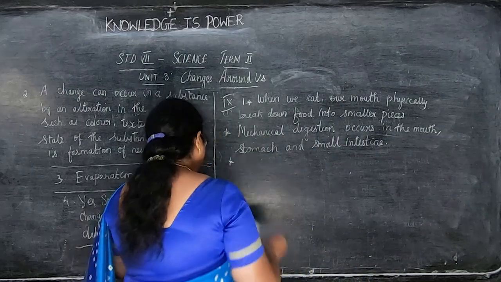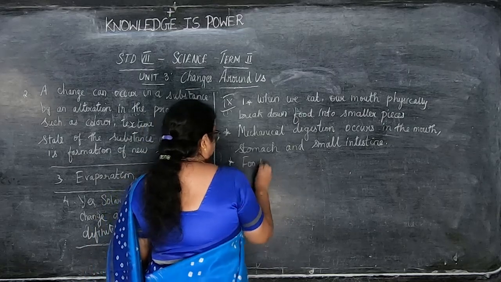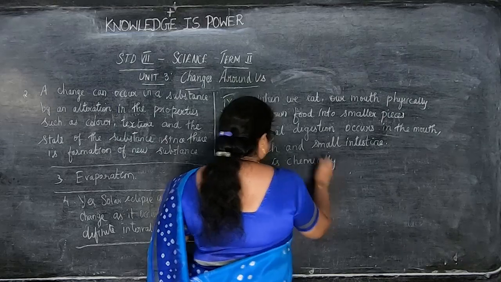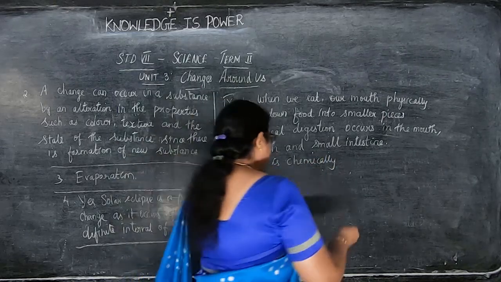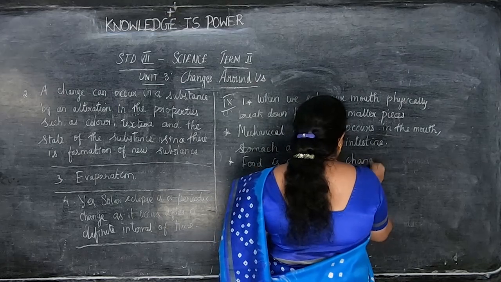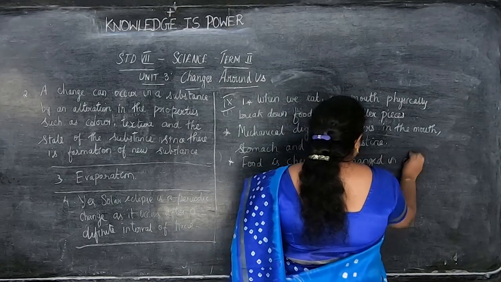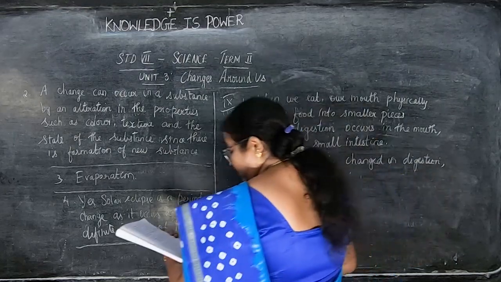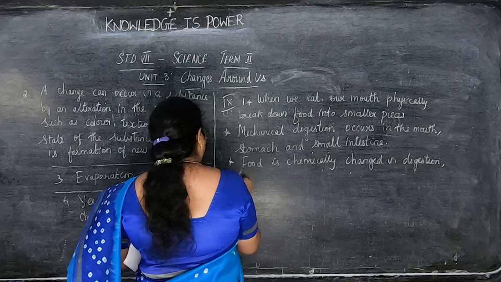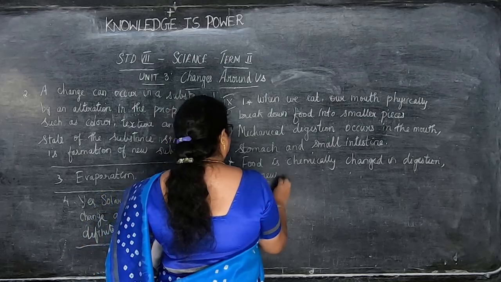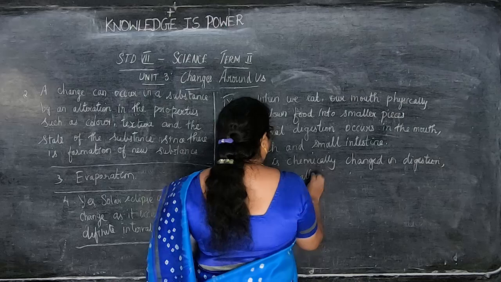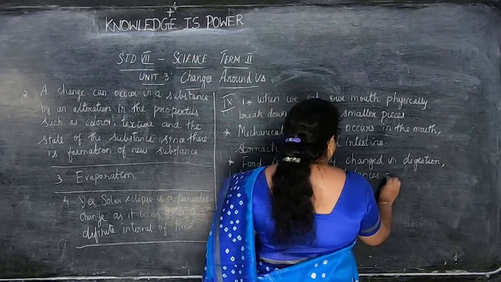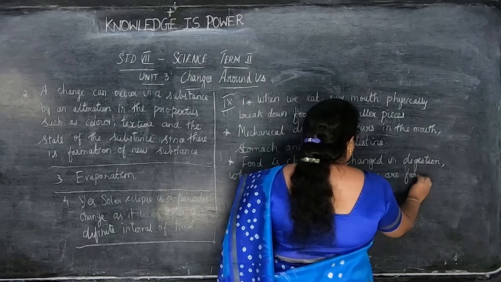Then food is chemically changed when new smaller substances are formed.